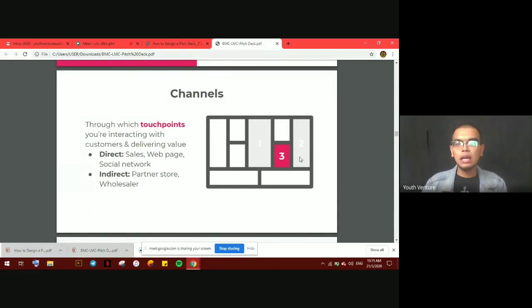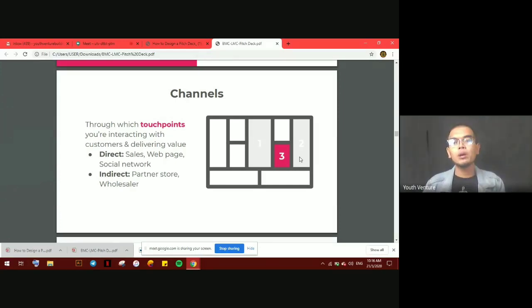So there are two types: you can get it directly or indirectly. If you are building a physical product, direct means maybe via normal sales, your web page, or your social network like Snapchat, Instagram, and Facebook. Indirectly, maybe via a wholesaler, distributor, or a partner store.